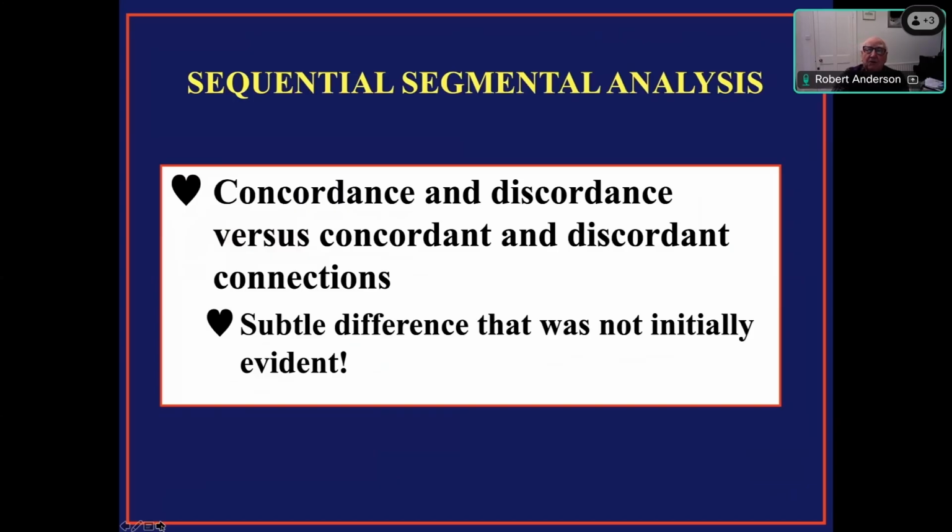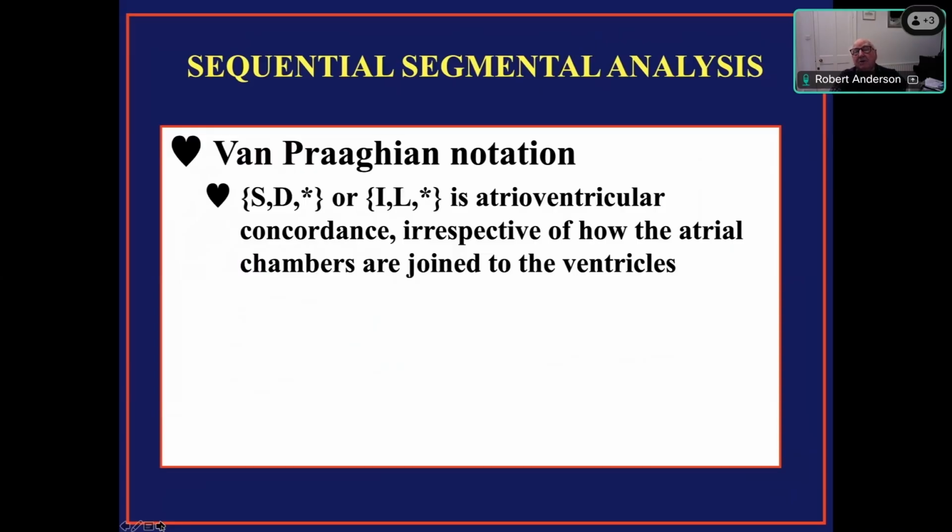And it was the use of these words that greatly irritated Richard van Praagh. It's a very subtle difference, and we did not appreciate it at the time, because we had not taken on board that for Richard van Praagh, SD or IL was atrioventricular concordance, irrespective of how the atrial chambers were joined to the ventricles.